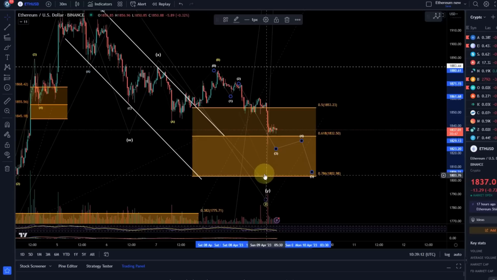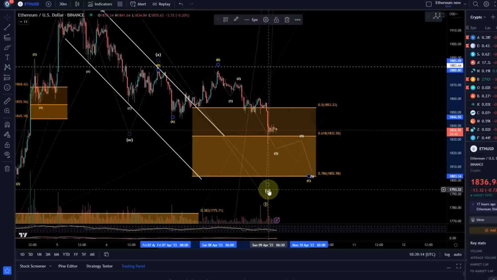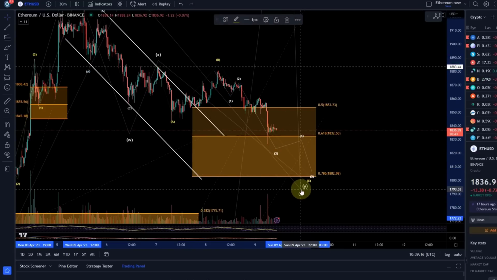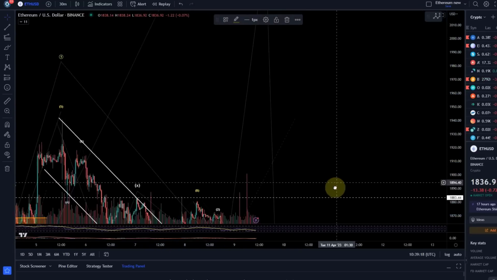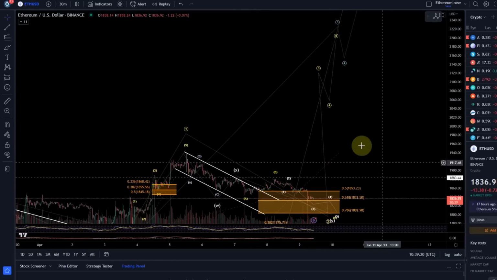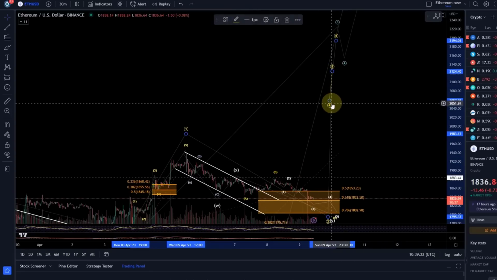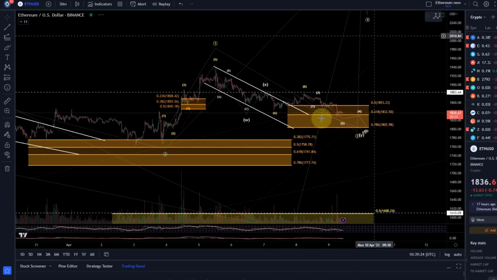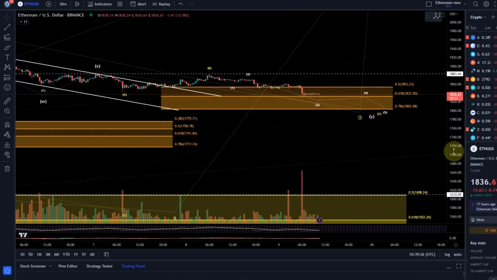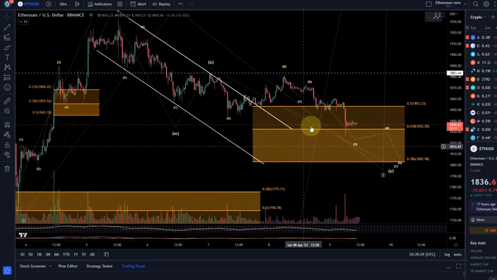Again, don't rely on these subwave counts too much. They can change fairly quickly. Before I put more subwave counts in place, let me just move this across, because there are always different options.